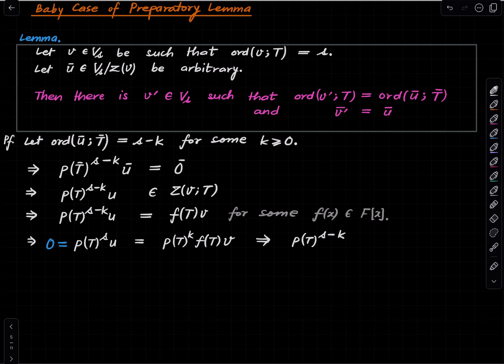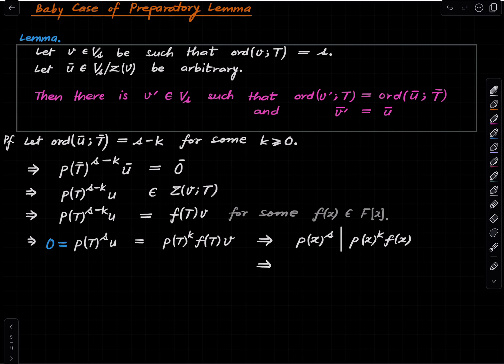Yeah, sorry. So what I was trying to say was the following. So we have that this thing is 0 and order of v is s. So now by what we recalled about order, this implies that p(x)^s must divide p(x)^k times f(x), right?